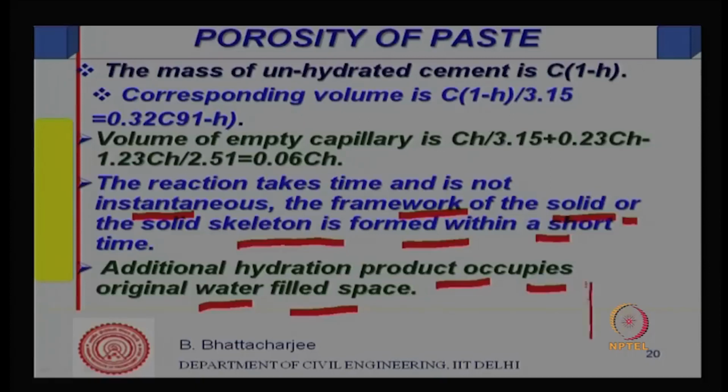The structure is formed very quickly, but some spaces are left blank. Those blank spaces are filled in by additional hydration product, because a porous solid structure is formed once it solidifies. Remember the blue colored water, which the outer product filled in, leaving some water-filled space.